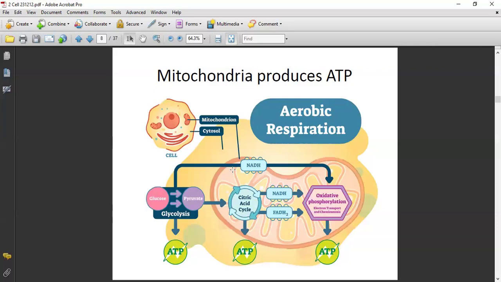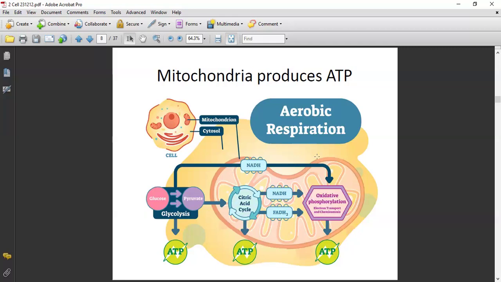So mitochondria, that's a new term. The first thing you need to know is where is mitochondria? Mitochondria is an organelle inside of a cell. Then what does it do? It produces ATP. So that's the location and function.